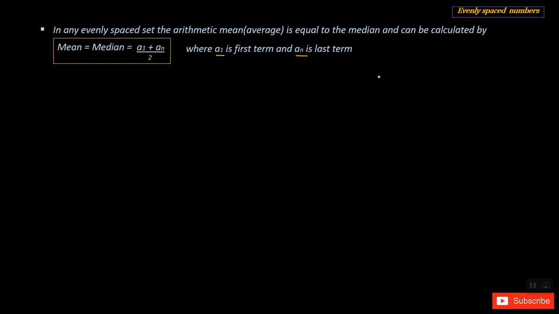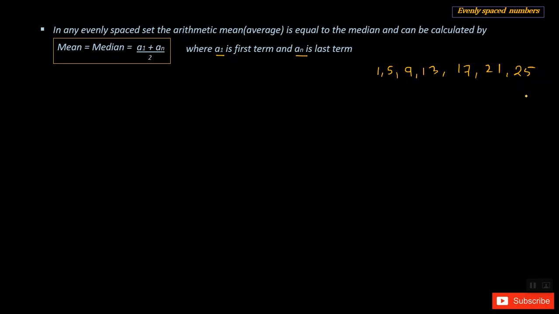If I write an expression, let's take our same example: 1, 5, 9, 13, 17, 21, and let me take another, 25. So 1, 5, 9, 13, 17, 21, 25. Now the question: what would be the median? To find the median, the first thing you should do is arrange the numbers in order if they are not.